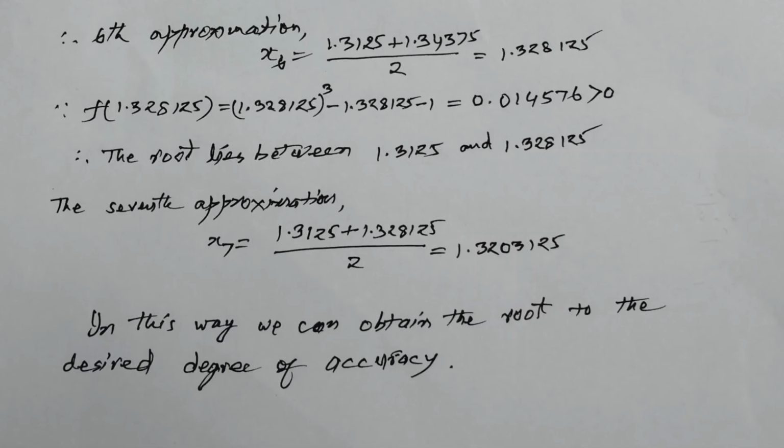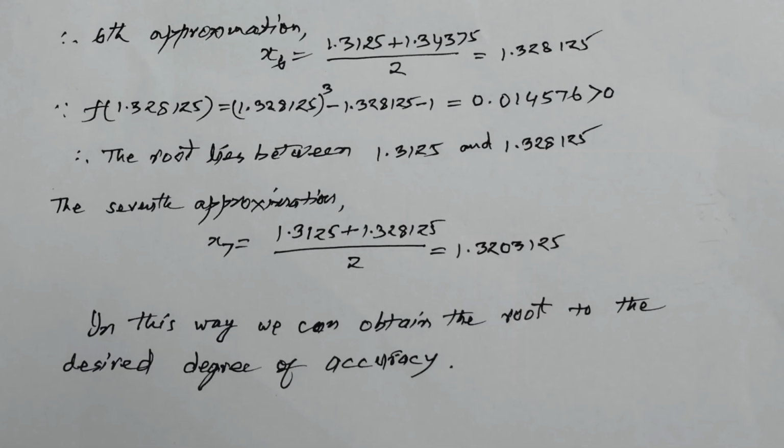Now the value of function at x6, that is f(x6), which is equal to f(1.32815) equal to 1.32815 whole cube minus 1.32815 minus 1 equal to 0.01456, which is greater than 0, that is positive.